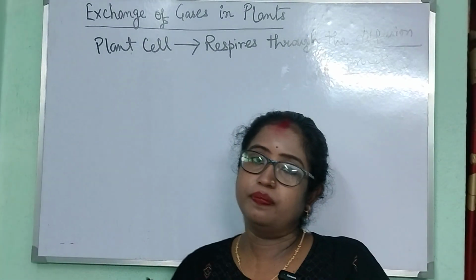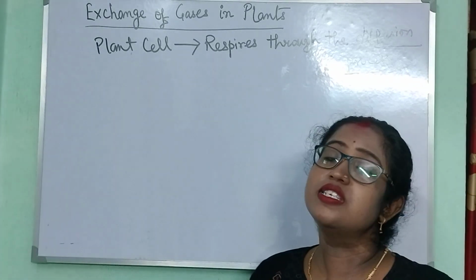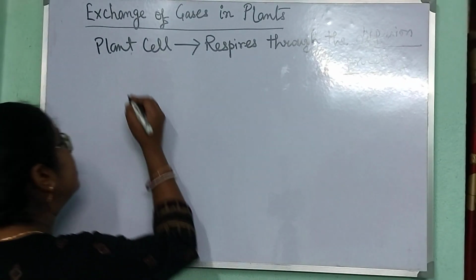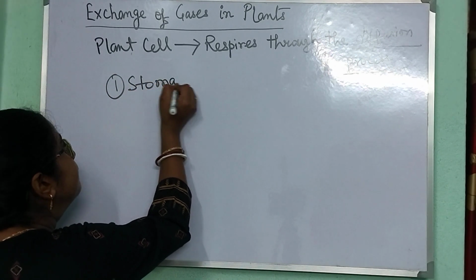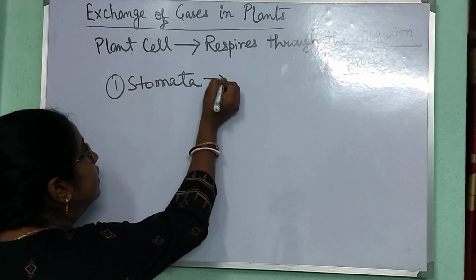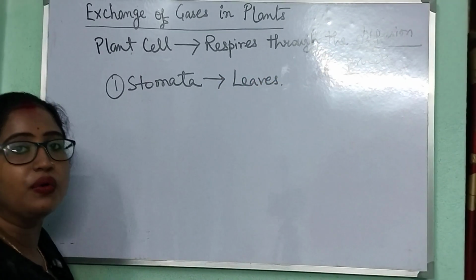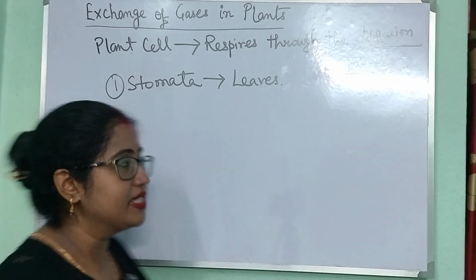The parts associated with the gaseous exchange in plant cells are, first one is stomata in leaves. We already discussed what is stomata in the topic photosynthesis.